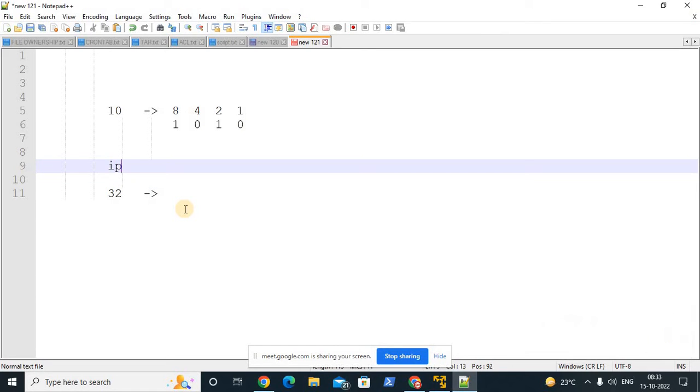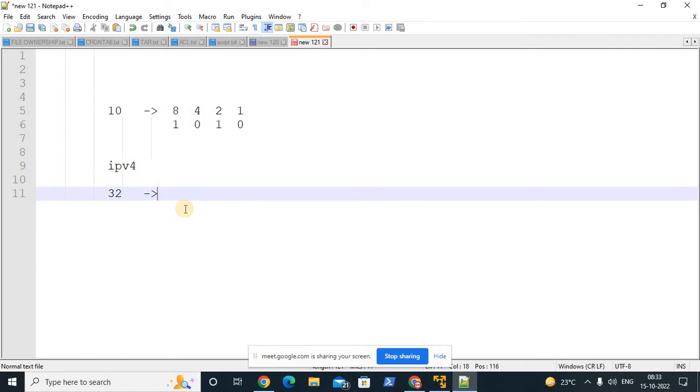IP, Internet Protocol version 4. So this 32 bit will be divided into 8, 8, 8, 8. When we add them, 8 plus 8 is 16, 16 plus 8 is 24, 24 plus 8 is 32. So this is 32 bit.